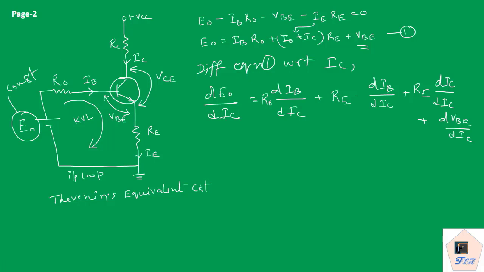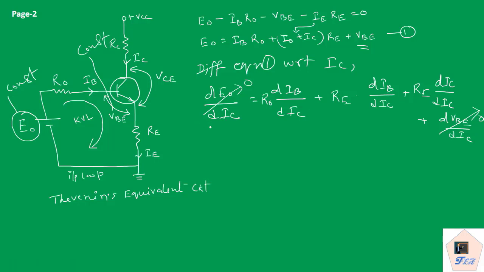For a silicon transistor, VBE is 0.7, and for a germanium transistor it is 0.3. So these terms become 0.